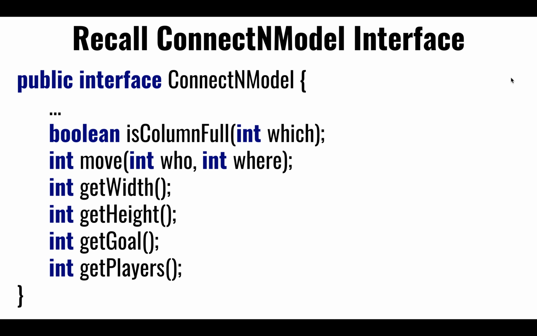It also allowed us to retrieve some configuration about the game: how big it was, the width and the height, how many players there were, and how many tokens you had to connect to win the game. It also allows us to query the data model and ask whether a particular column is full so that you can't move into that column. So this was the interface that we considered in the ConnectNModel interface.